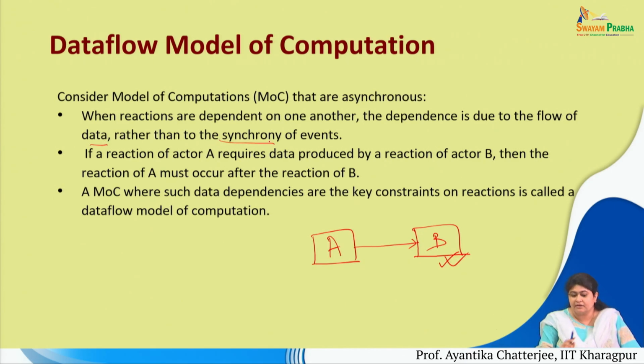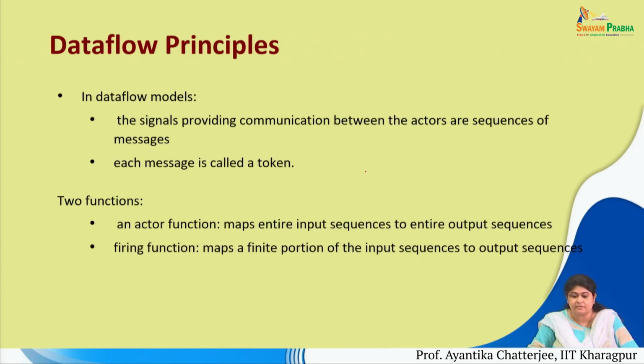Here, as we have already mentioned, if a reaction of actor A requires data produced by a reaction of actor B, then the reaction of A must occur after the reaction of B. Okay. So in this scenario, how to model the computation is what we are going to discuss.